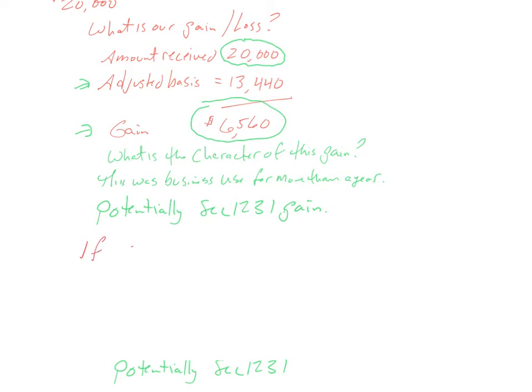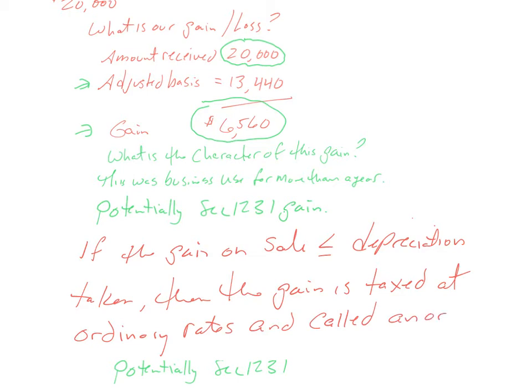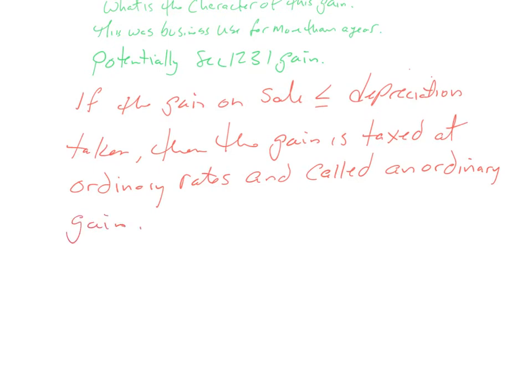Okay, so in this situation, if the gain on the sale is less than or equal to the depreciation taken, then the gain is taxed at ordinary rates and called an ordinary gain.